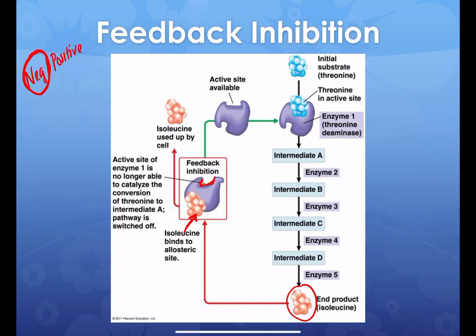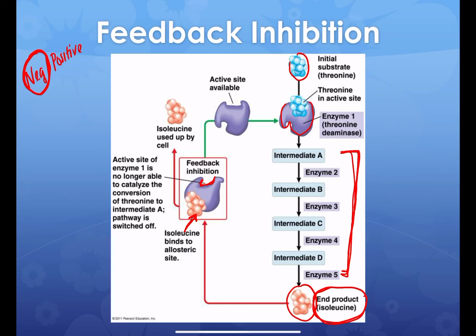Okay? So what we have here is our initial substrate, which is threonine, okay? And it binds to the active site of the enzyme. Ultimately, in this cellular communication pathway, this signal transduction pathway, these are the transduction steps. We are trying to catalyze the production of isoleucine, okay?